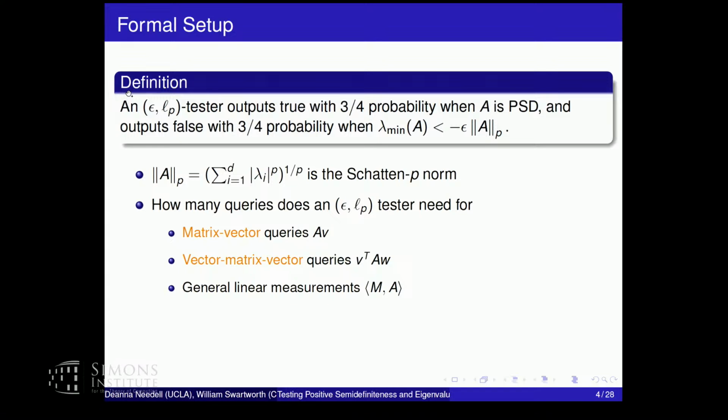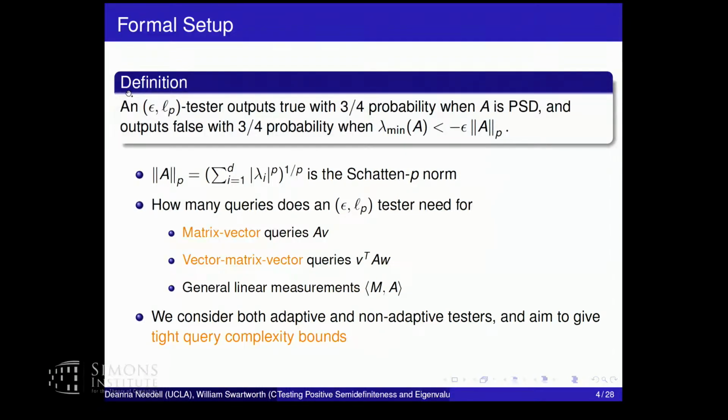So we ask ourselves, how many queries does a tester need in these various models? Matrix vector queries, where we just query adaptively or non-adaptively with vectors V. Vector matrix vector queries, I said. We're going to focus on these two models, though you could also look at general linear measurements, where you just take the dot product of your matrix entry-wise with some other matrix M. As I said, we're going to consider both adaptive and non-adaptive testers.